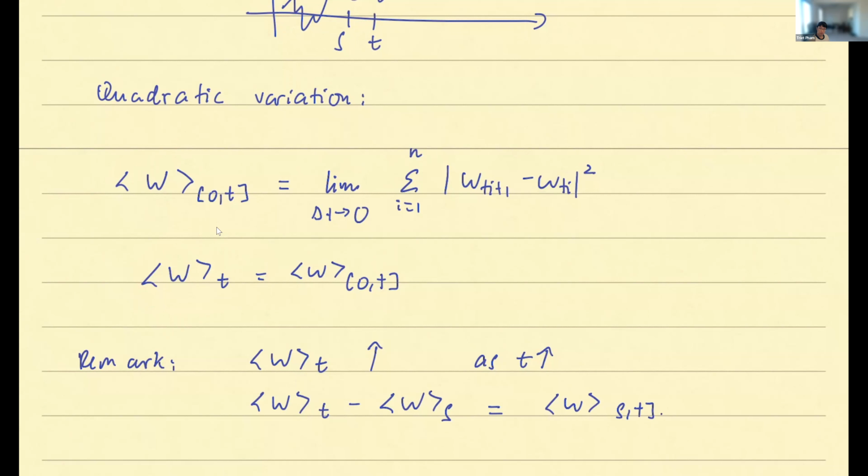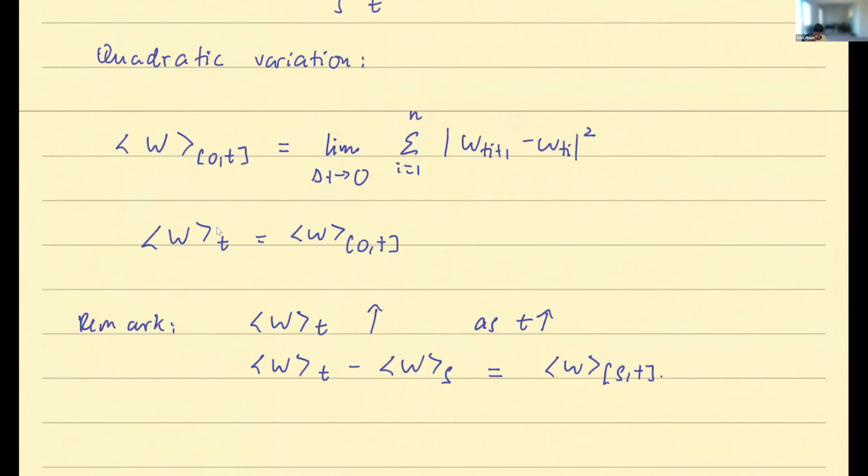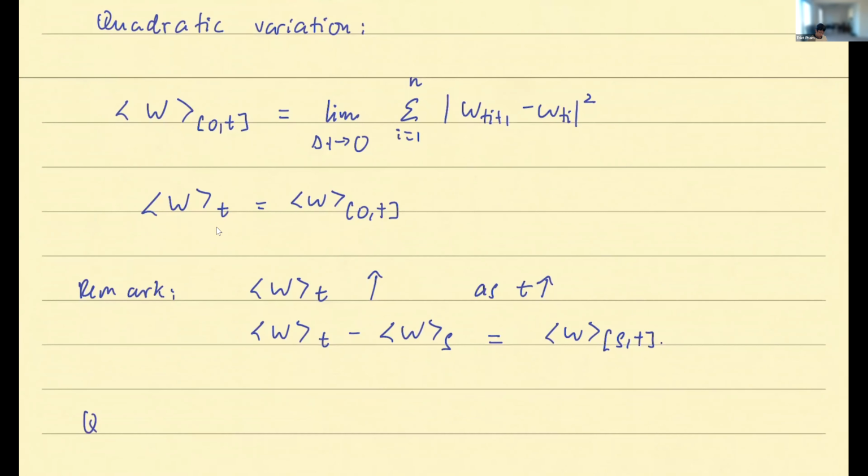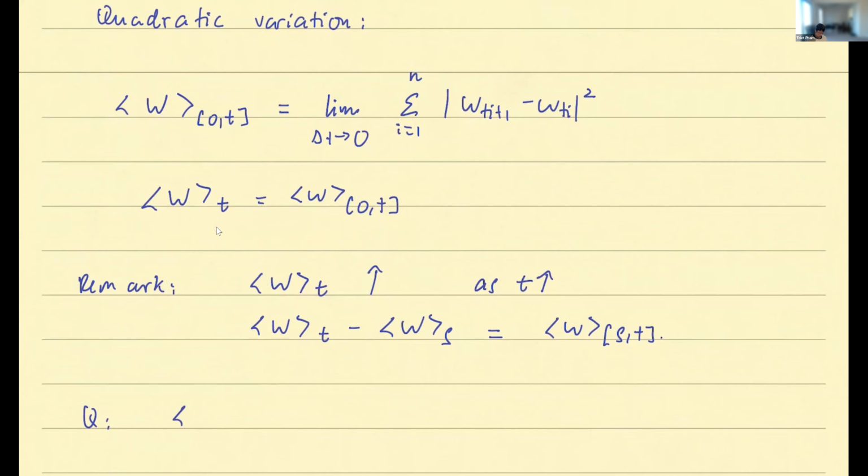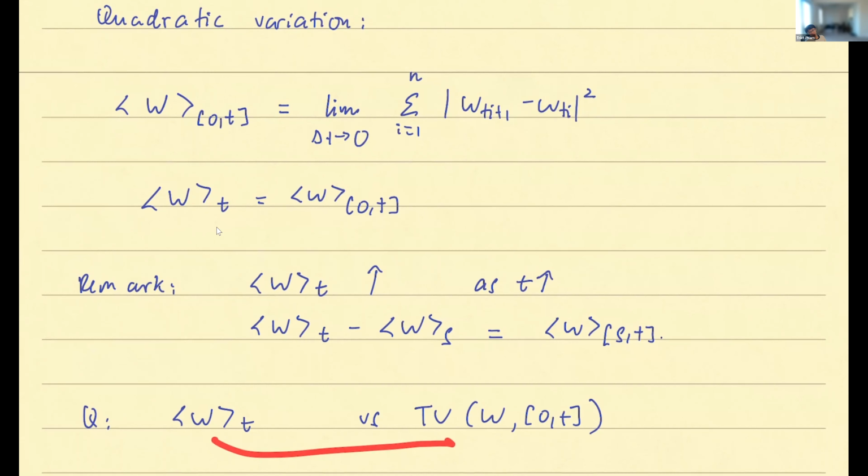Now, why do we bring this up? Why do we bring this up? So let's think about this. Quadratic variation versus total variation. Is there any comparison between these two?